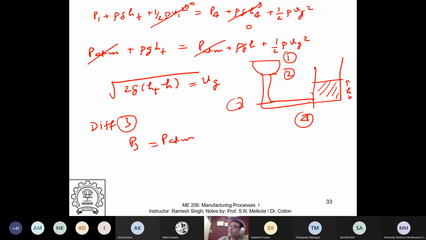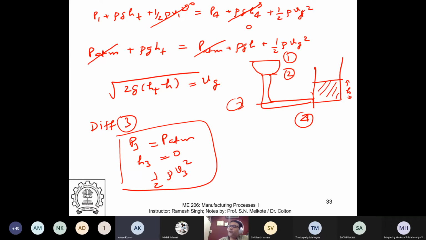H3 is 0, right? And the velocity head is half rho V3 square. Right? Yes or no? Yes, sir. This is 3. And 4 has a static column head, so 4 will see a static column.